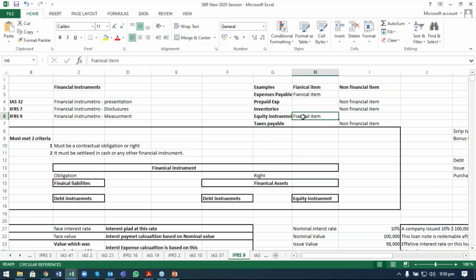Equity instruments are by default considered as financial items. Why? Have you ever read in any book that on the liquidation of a company, the directors of the company called up the shareholders and asked them to take a few of the assets along with them as the winding up of the company? It's never going to happen.